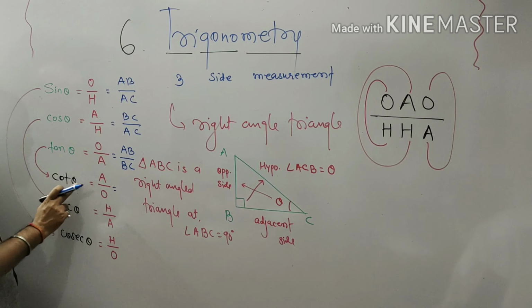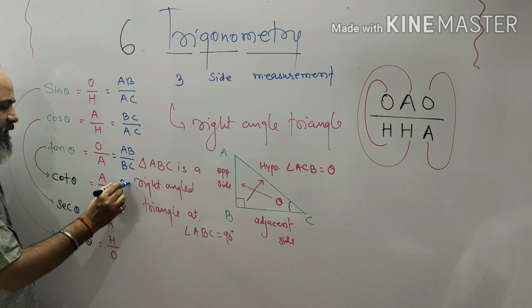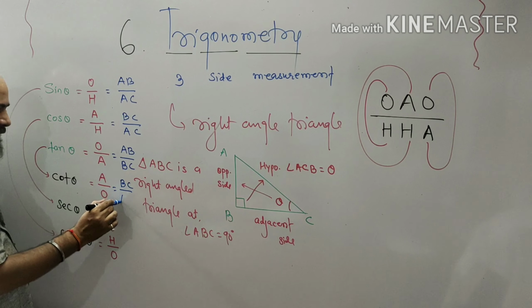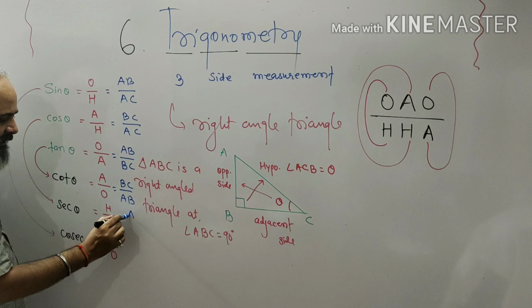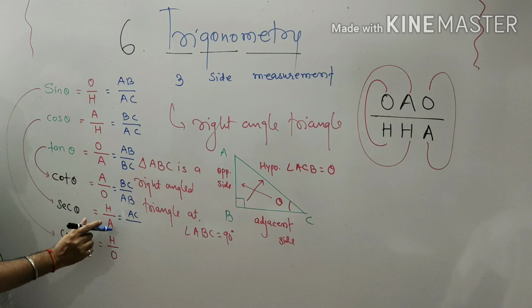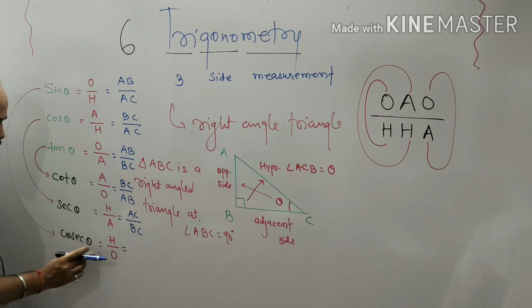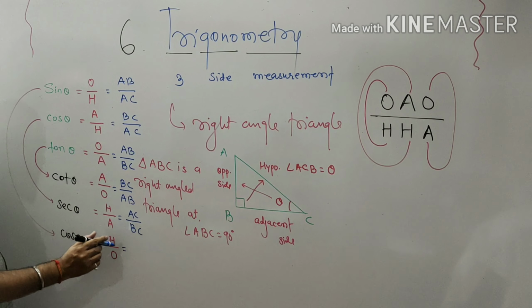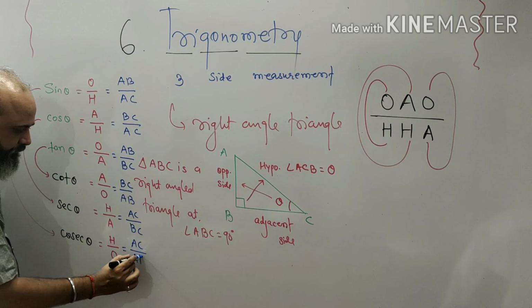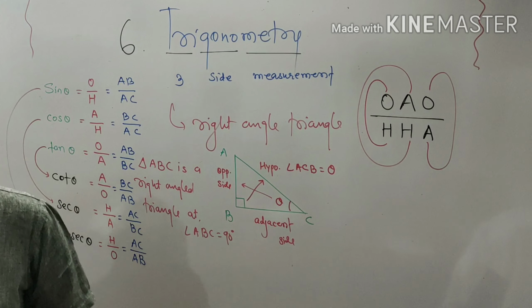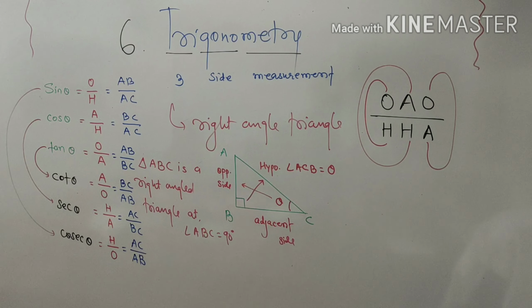For cot theta, adjacent side BC and opposite side AB. For sec theta, hypotenuse AC and adjacent side BC. For cosec theta, hypotenuse AC and opposite side AB. In this way you will find the different ratios of triangle ABC.